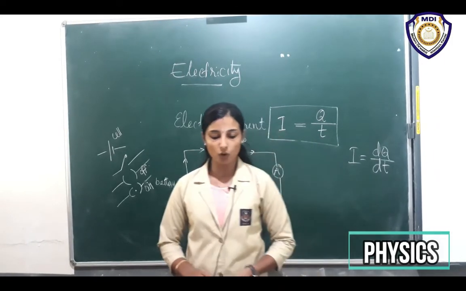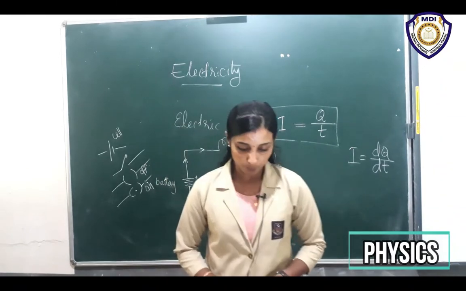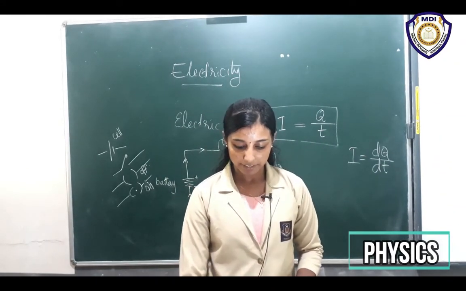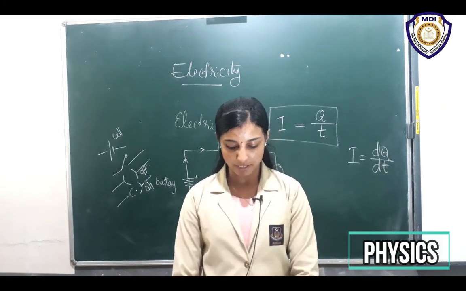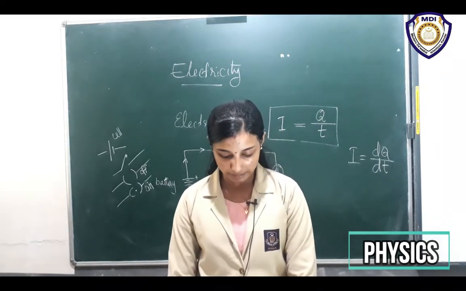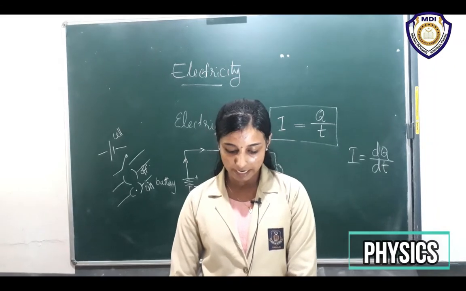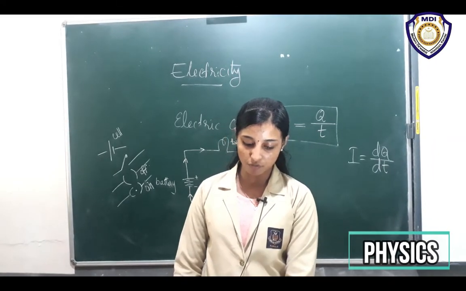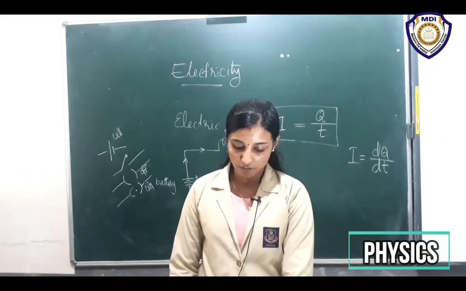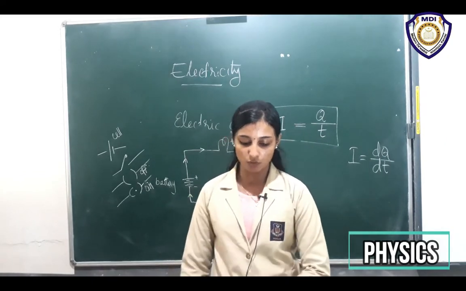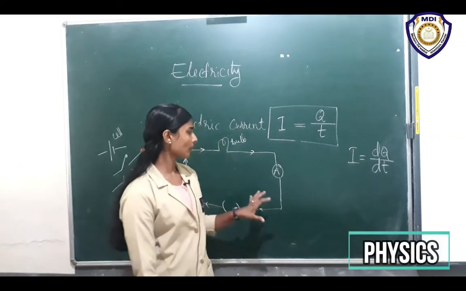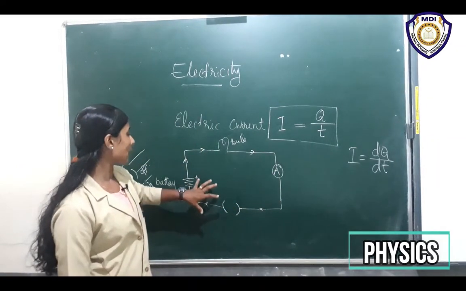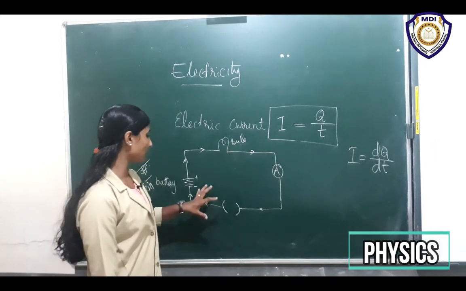However, electrons were not known at the time when the phenomenon of electricity was first observed. So electric current was considered to be the flow of positive charges, and the direction of flow of positive charges was taken to be the direction of electric current, right? So conventional current is flow of charge from positive terminal to negative terminal.